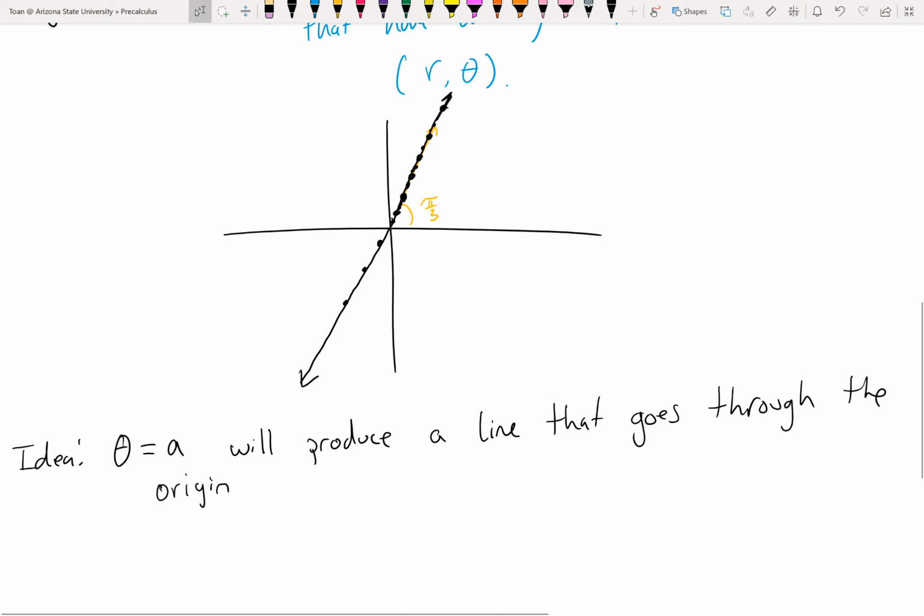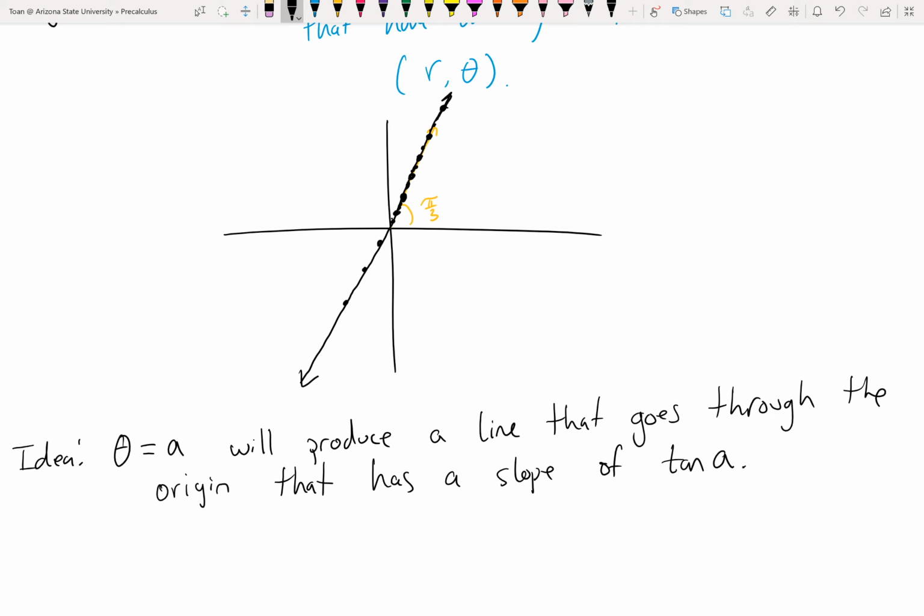Moreover, because we know that tangent of theta equals y over x, we know for a fact that this line goes through the origin and has a slope of tangent of a. It'll have a slope of the tangent of whatever that number is.